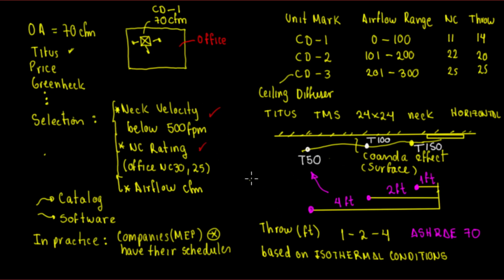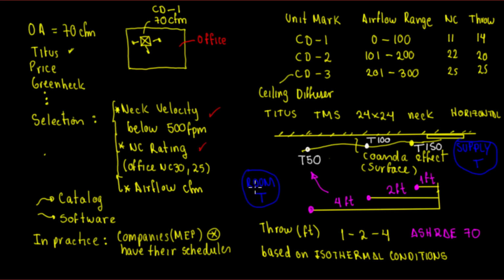So I'm going to put in here the temperature of the room. Let's make this another color, okay? I'm going to make this in blue. So you're talking about the room temperature, and the supply temperature. Those two are not equal.